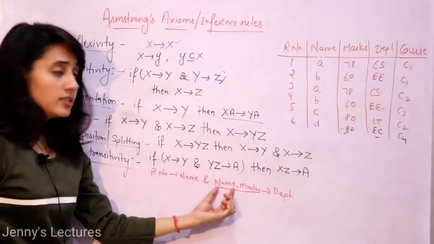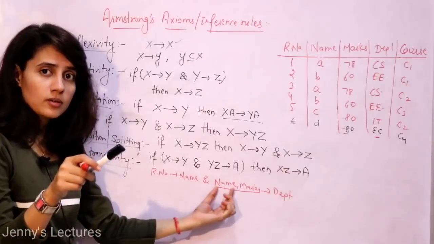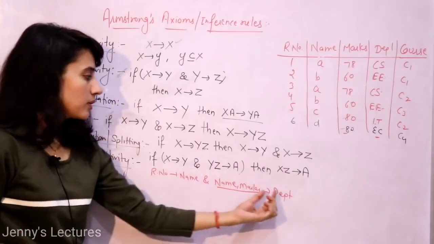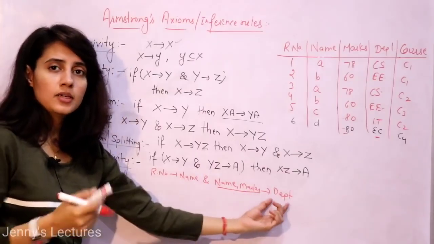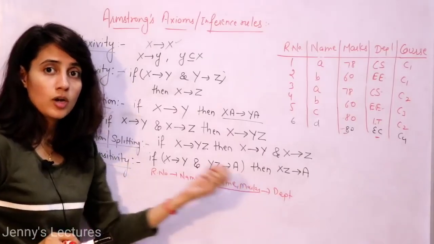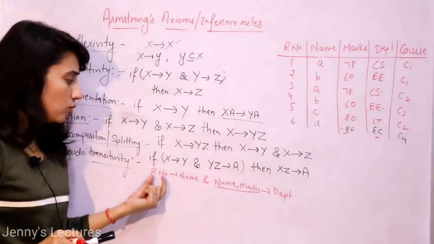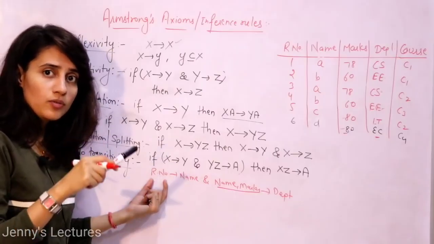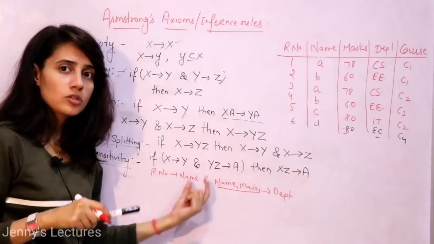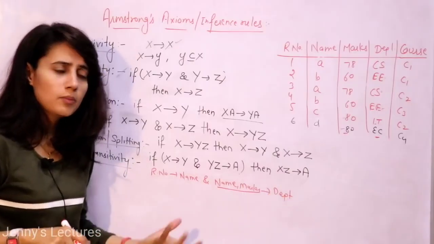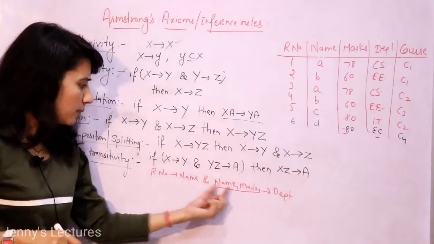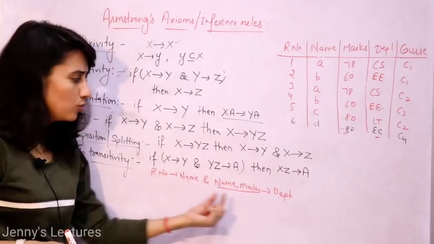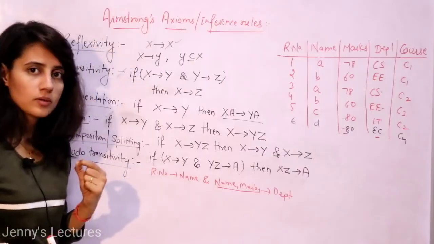Then I say the name of that student, Nisha, with suppose 78 marks, and using that I can determine the department of that girl. So can I say that using roll number 15 and marks 78 I can determine the department? Definitely, because in place of name I can write roll number, because using roll number I can determine name, right? So you can replace name here with roll number.